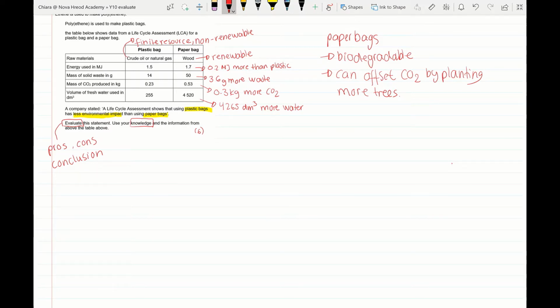And then we want to come to a conclusion and see whether it's true that plastic bags have got less of an environmental impact compared to paper bags. Right, so my first point is going to be about the raw material, that plastic bags are made up of crude oil, which is a finite resource and non-renewable, whereas paper bags are made up of wood, which is a renewable resource.